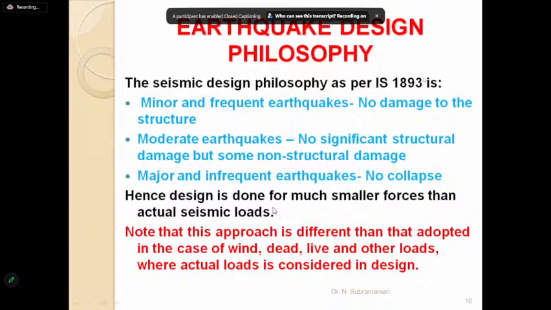Hence, this design is done for much smaller forces than actual seismic loads. Note that this approach is different from that adopted in the case of wind, dead load, live load, and other loads, where actual loads are considered in the design, whereas in earthquake design practice as per IS 1893, we are considering only much smaller forces.